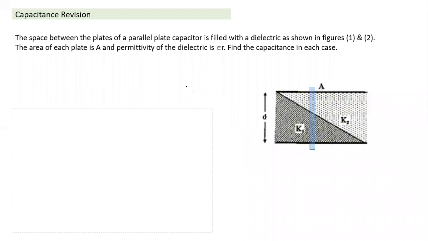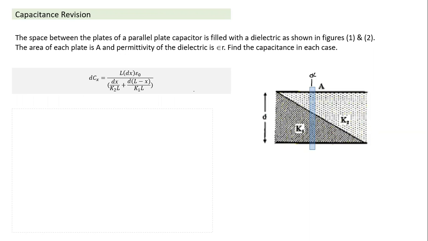A similar question: if the space between the plates of a parallel plate capacitor is filled with dielectric, it is like two triangular prisms, with the diagonal filled like this, one K1 and one K2. In this case also, we divide into several parallel pieces, calculate dC for each and add them up.